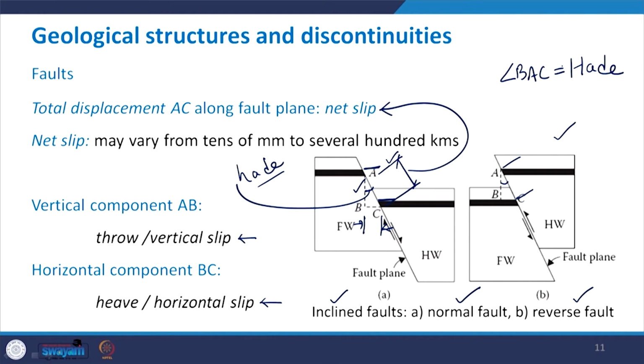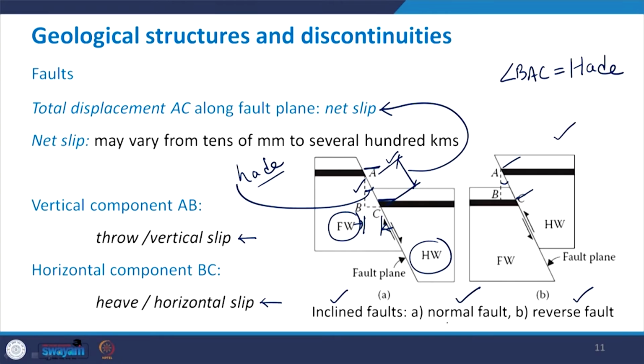It is observed that the two blocks which are lying on either side of the inclined fault planes are dissimilar in their configuration and orientation in space. Of these two blocks, one appears to rest on the other. The former one is known as the hanging wall, that is HW, and the latter one which supports the former one is called as foot wall.